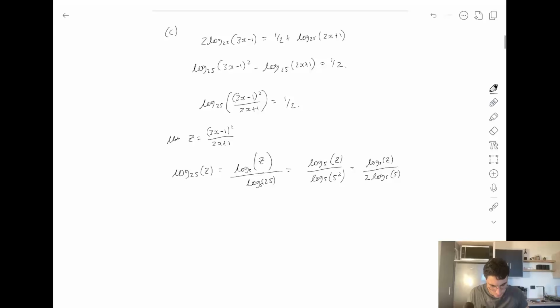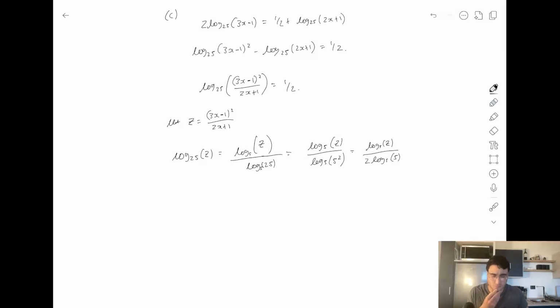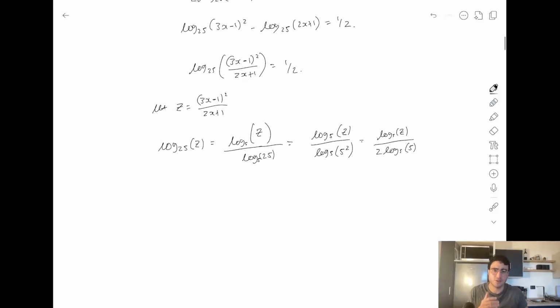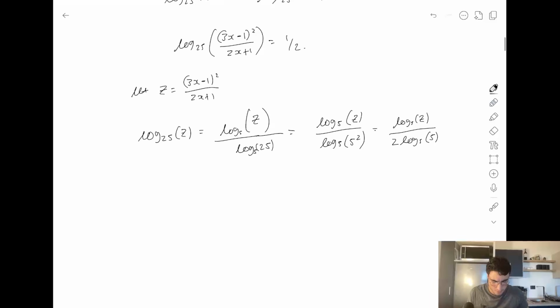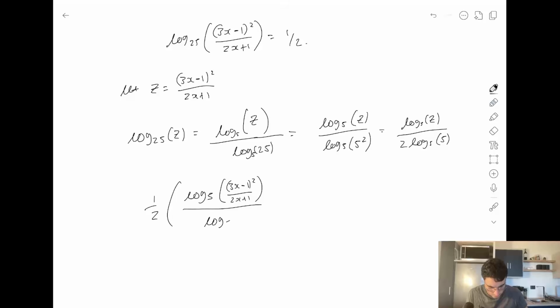So, what does that give us? Well, that gives us now a value of saying, well, look, we're going to have a half log 5 of (3x minus 1) squared over 2x plus 1, over log 5, is equal to a half.